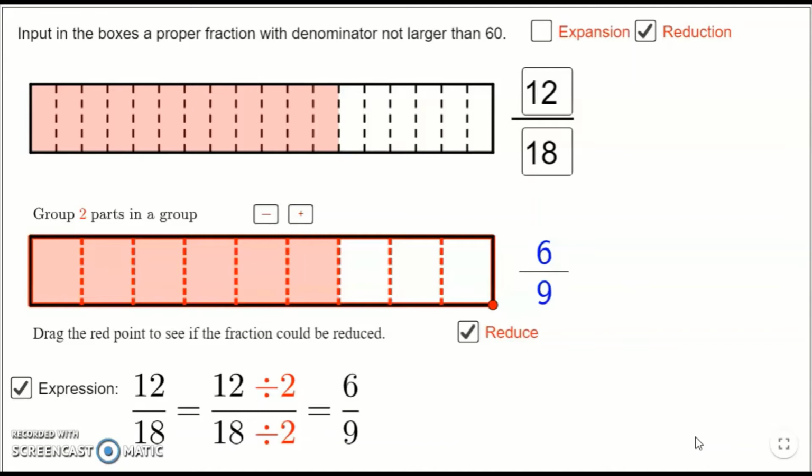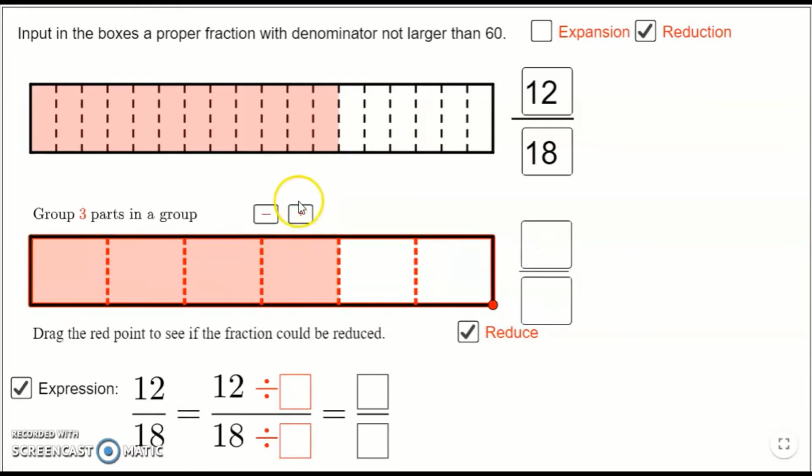It now looks like 6/9, and I can more easily get an image in my mind of what a cake divided into 9 pieces would look like, and having 6 of them is a bit better, but maybe I can improve on this. Maybe I can group them into 3, and we can see that here we can indeed, because 3 divides into both 18 and 12, and we get 4/6.